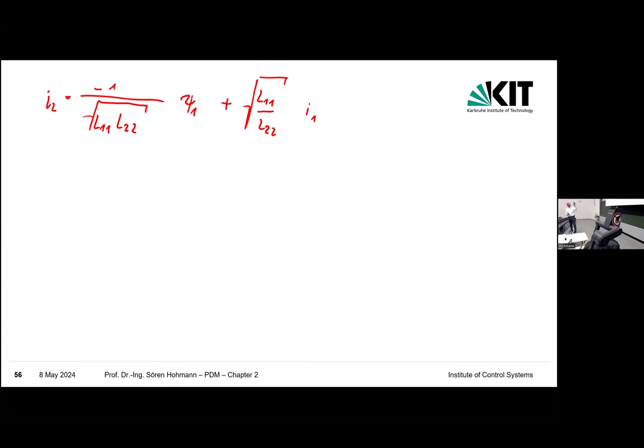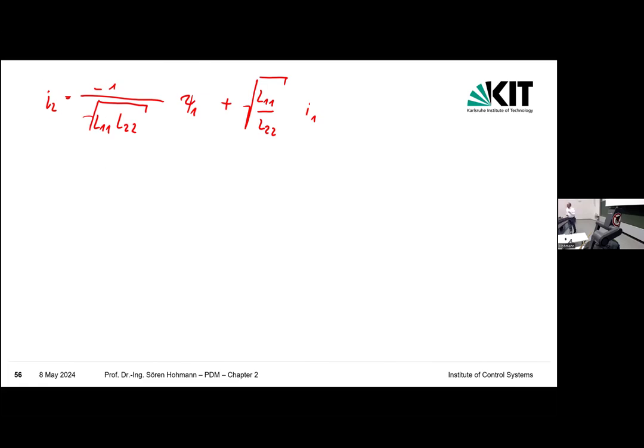Under which condition is the first sum equal or close to zero? What do we have to assume? Yes, please. Maybe if L11 is close to infinity or L22 is close to infinity, then it goes to zero.